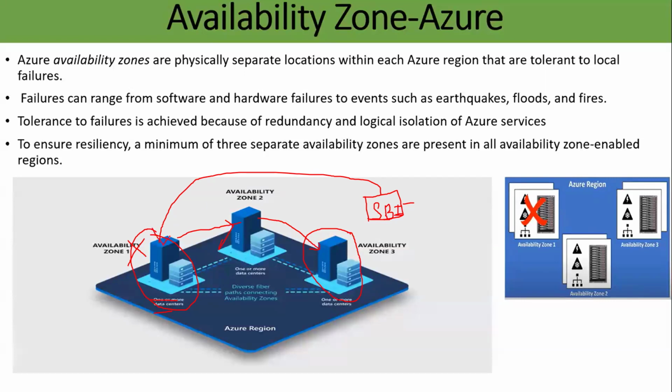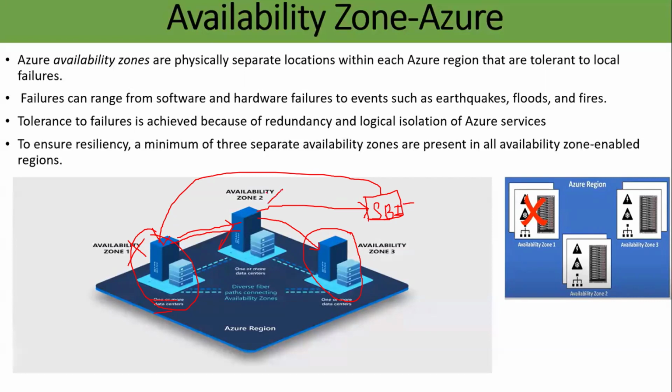Suppose that is down. Within 2 milliseconds it connects to the next availability zone, checks there, and if that is down, it goes back and fetches the data from availability zone 2. It provides your account information and account balance, so that it can be printed.